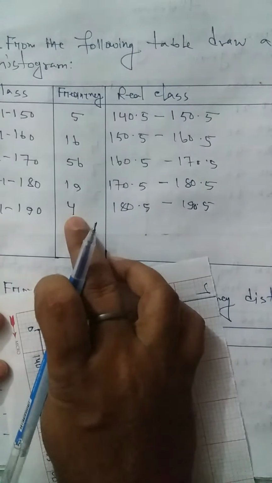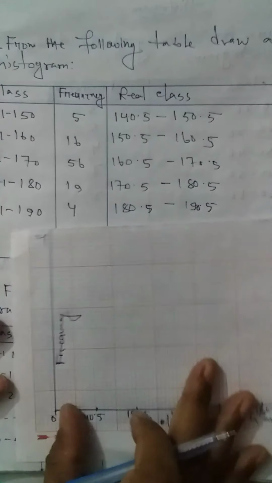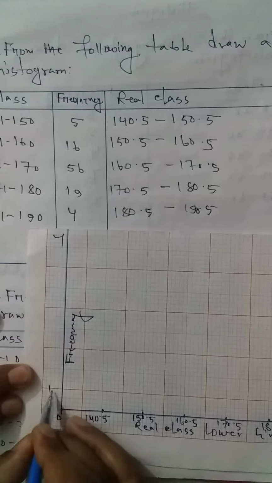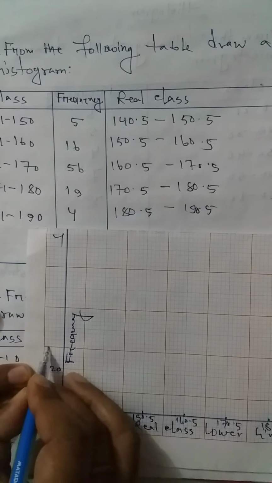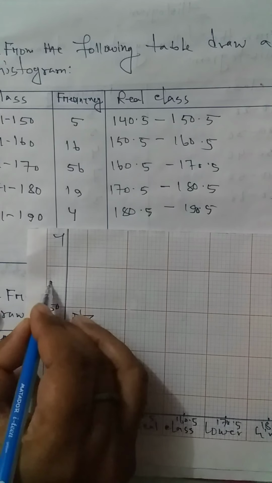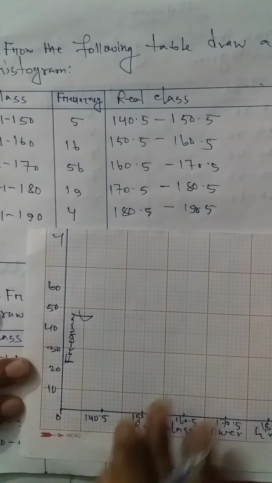The class frequency is lowest 4 and top 56. Indicate 10, 20, 30, 40, 50 and 60. So 1 square is equal to 2 units: 2, 4, 6, 8 and 10.